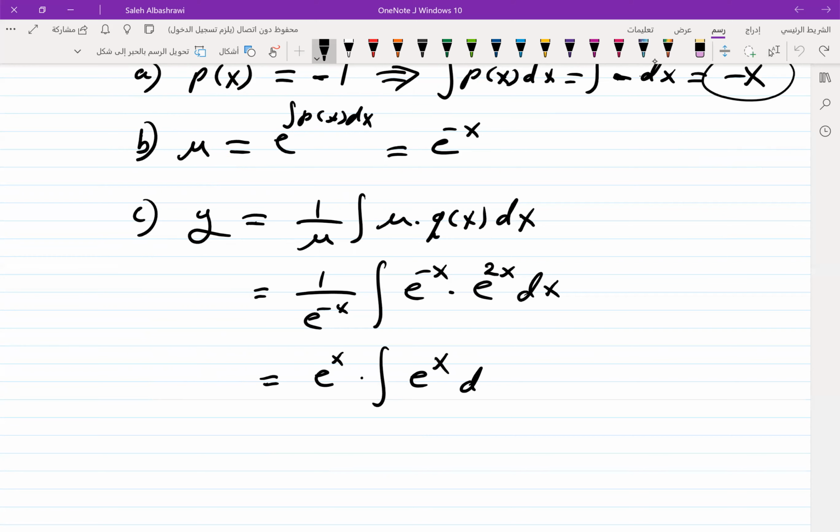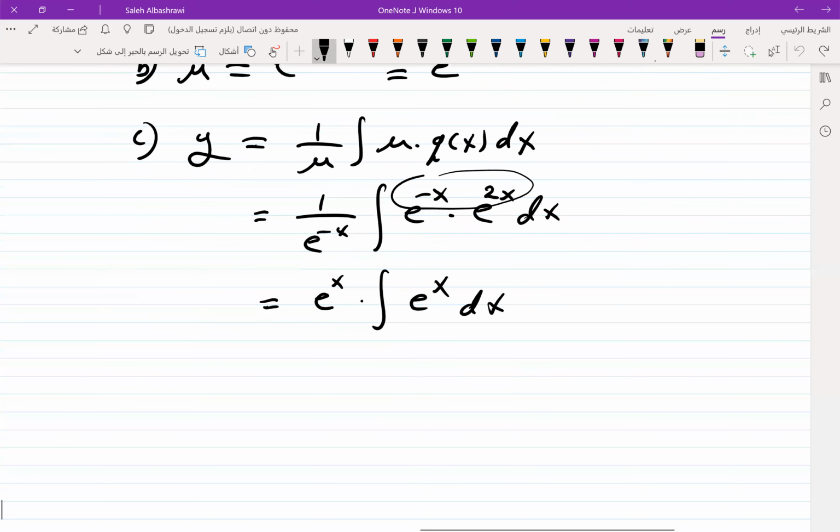E to the power of minus x times e to the power of 2x is e to the power of x. So y equals e to the power of x multiplied by the integral of e to the power of x, which is e to the power of x. And since this is an indefinite integral, I must have a constant c.